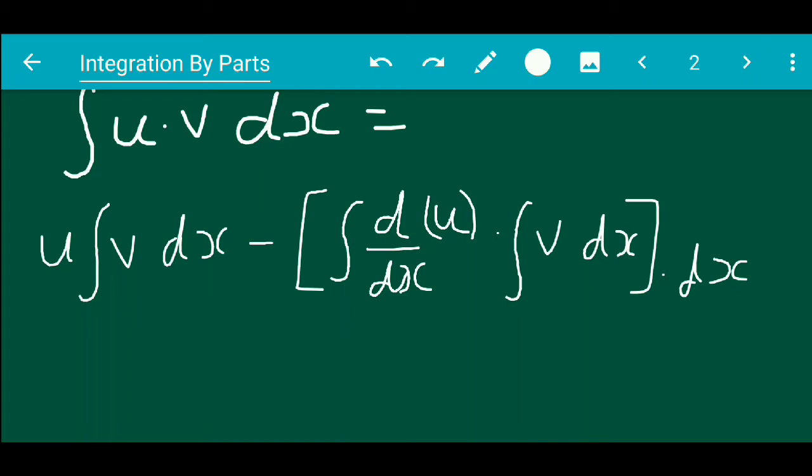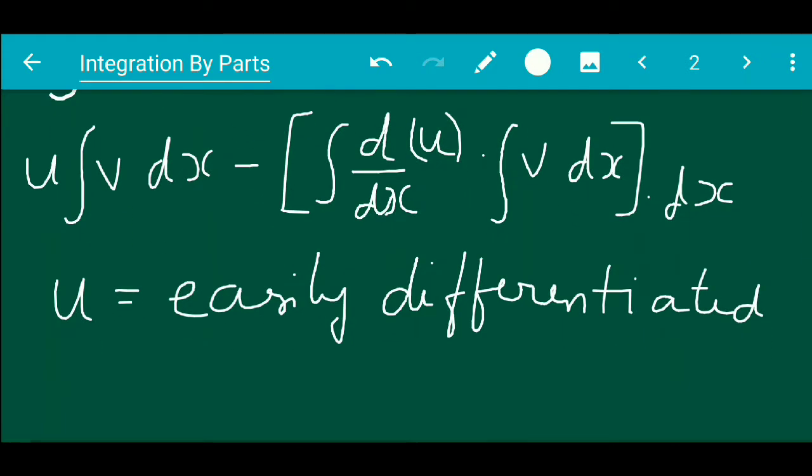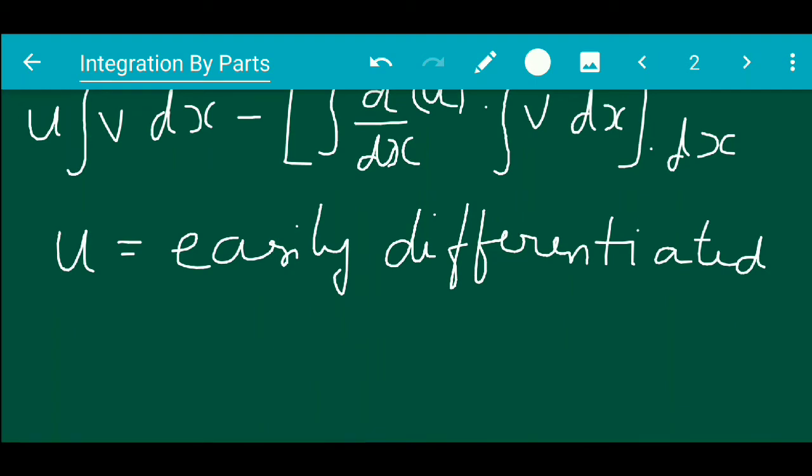Such that u is an easily differentiable function, so u can be easily differentiated. And similarly, v is a function whose integral is easily found out, so v is a function which can be conveniently integrated.